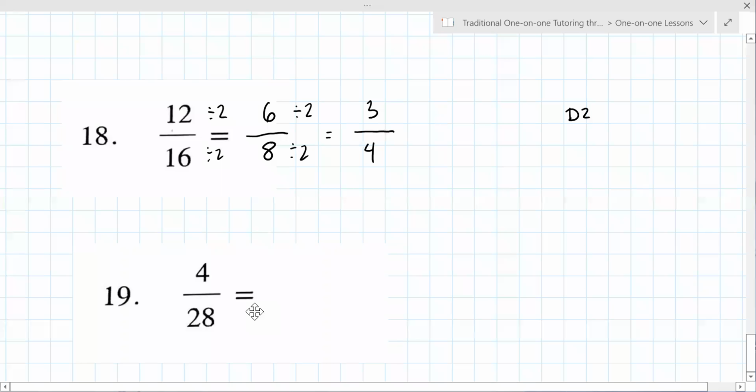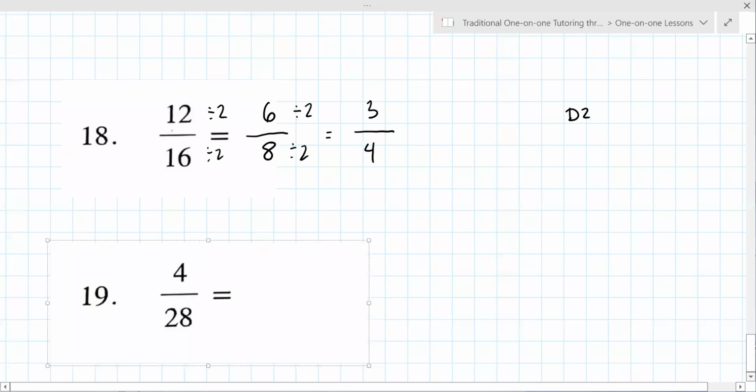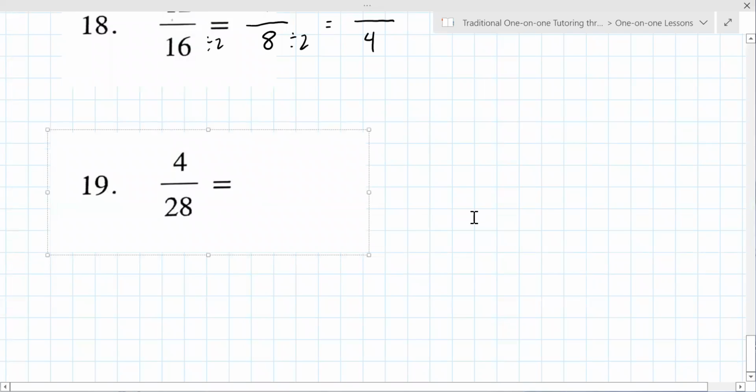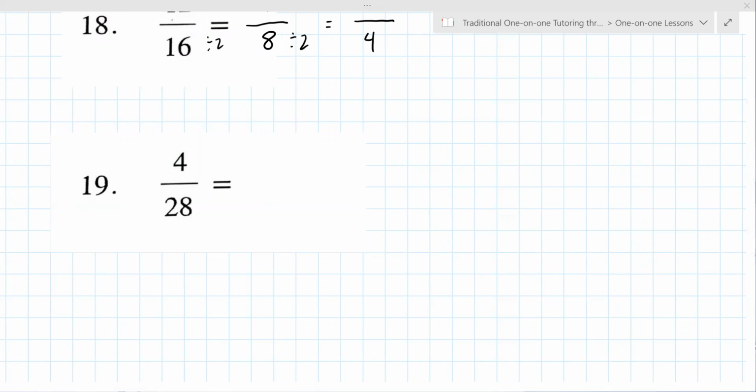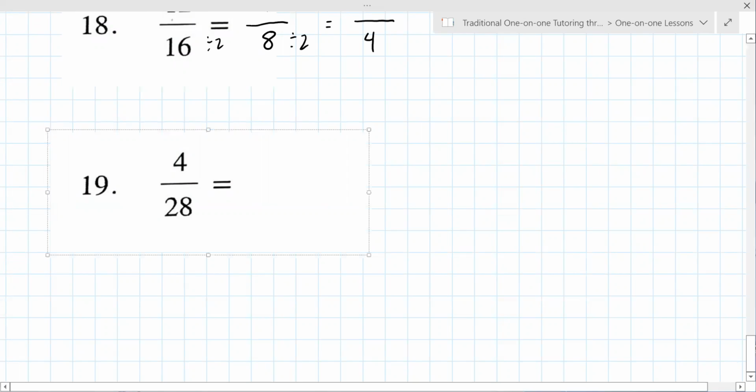All right, so let's look at 19. It's really similar. Maybe you could try this one on your own. Okay. 2 over 14.